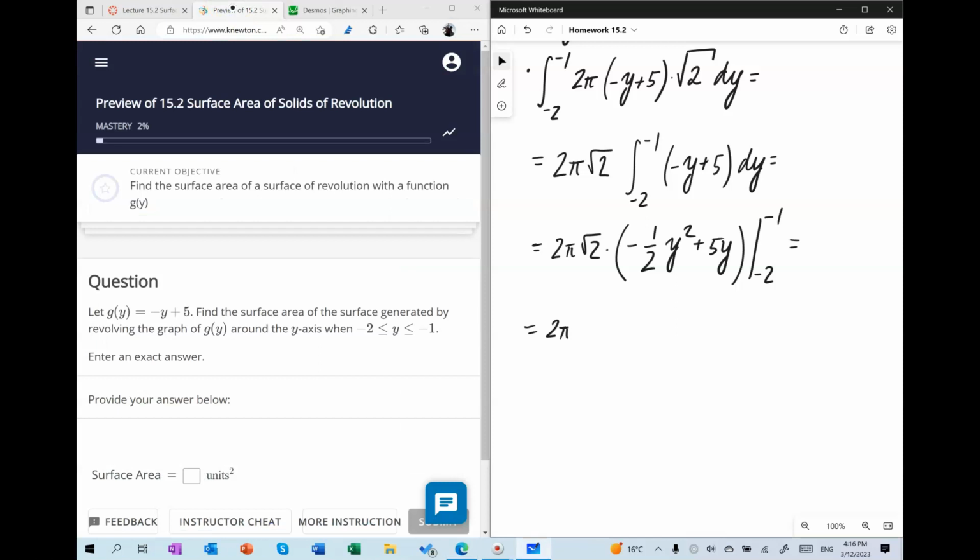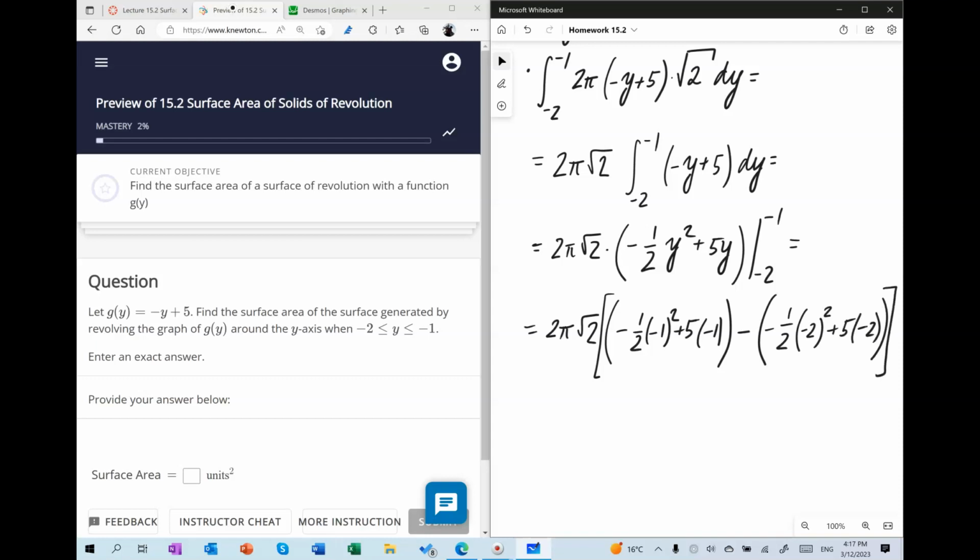We have to enter the exact answer, otherwise I would have thrown it into a calculator already. So here we have to be careful. We're gonna have this expression, and it's important not to lose track of all the parentheses.